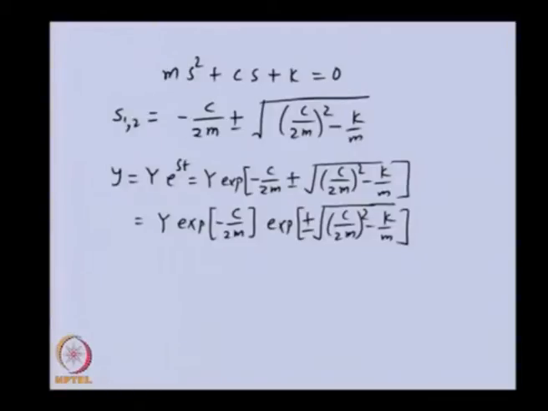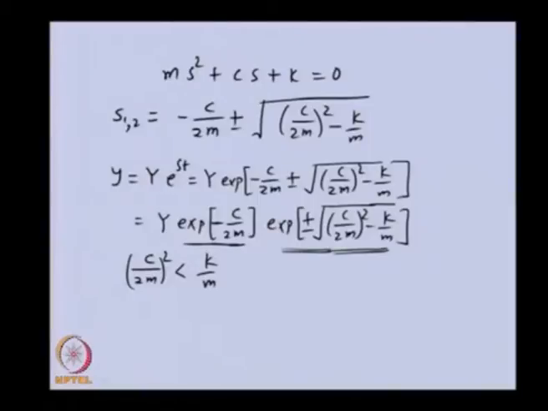Now, you will see that when we have this condition, which is inside the bracket, if this term is negative, then we will have sinusoidal terms, because once it is negative, we will have exponential raised to complex, that will give us the sine and cosine terms. The first term, you can see, has a minus sign.